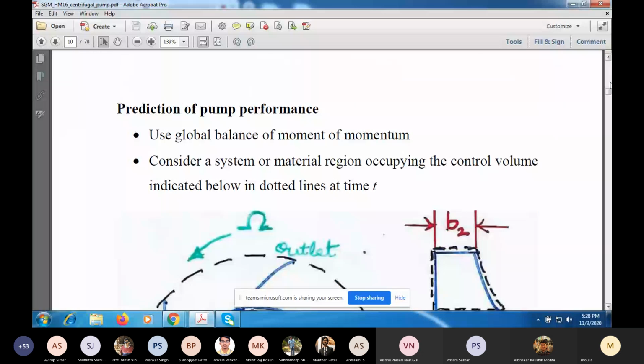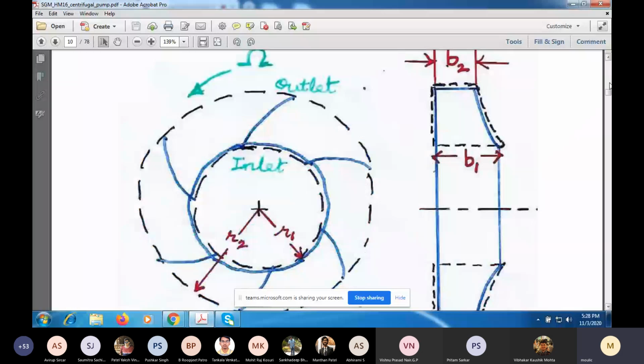Now, look at this case here. The fluid will enter axially and then it will turn. In the eye of the impeller, the fluid can be set in tangential motion if it's a viscous fluid.